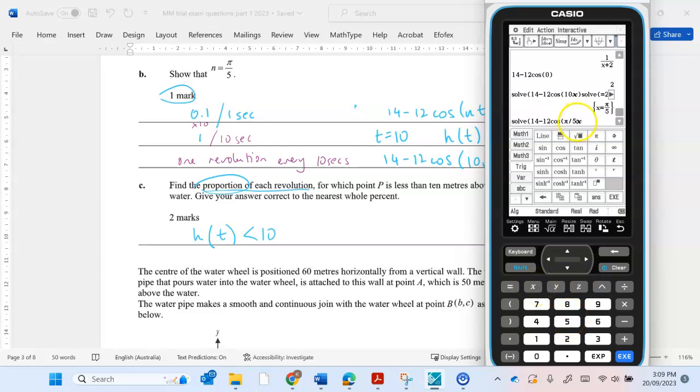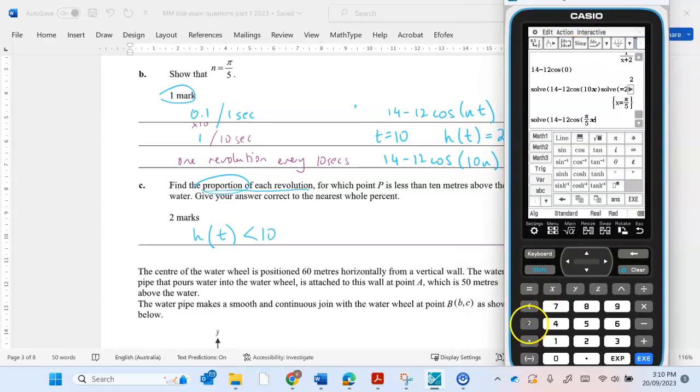Even though the calculator should read that properly, to be confident, I'm going to put pi on 5. We've got to be less than 10.